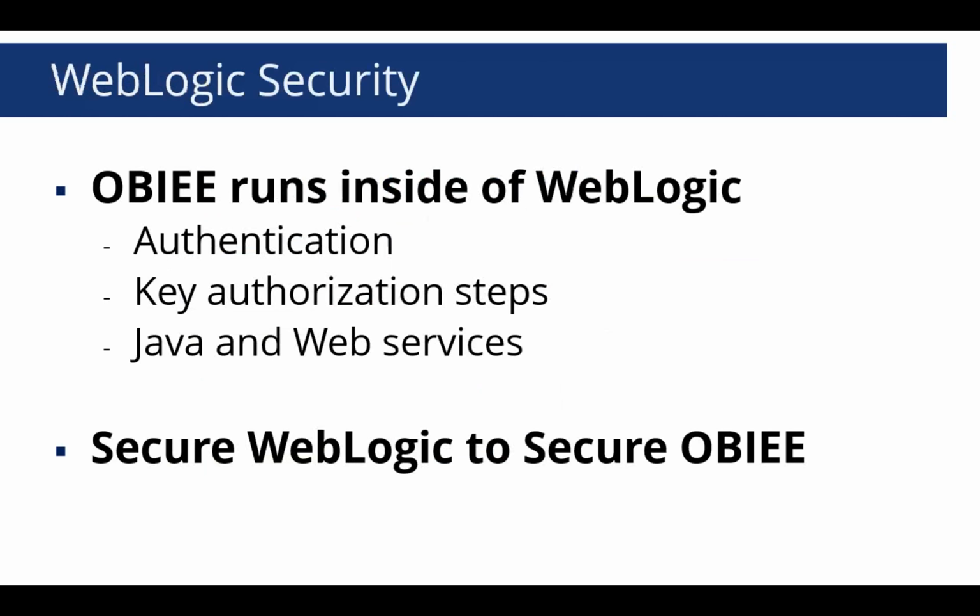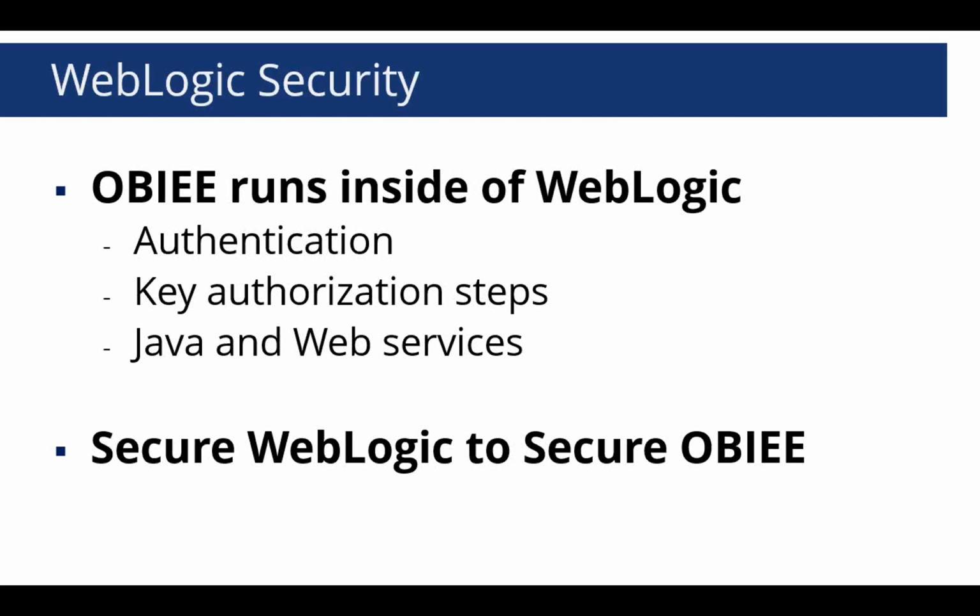So OBIEE, as a Fusion middleware product, runs inside of Weblogic. This is where the authentication is occurring. I should take a moment and say the assumption for this presentation is OBIEE 11G. There were a few questions asked prior with regard to the security changes between 10G and 11G.